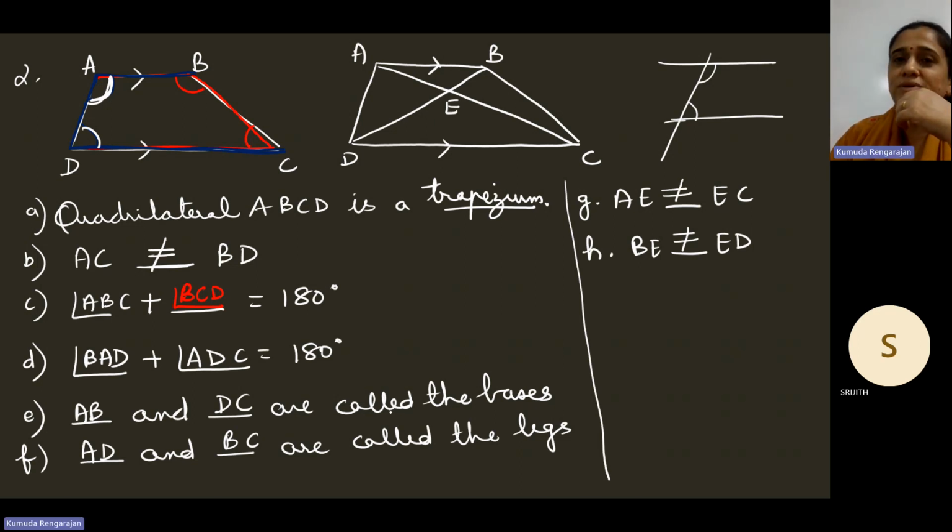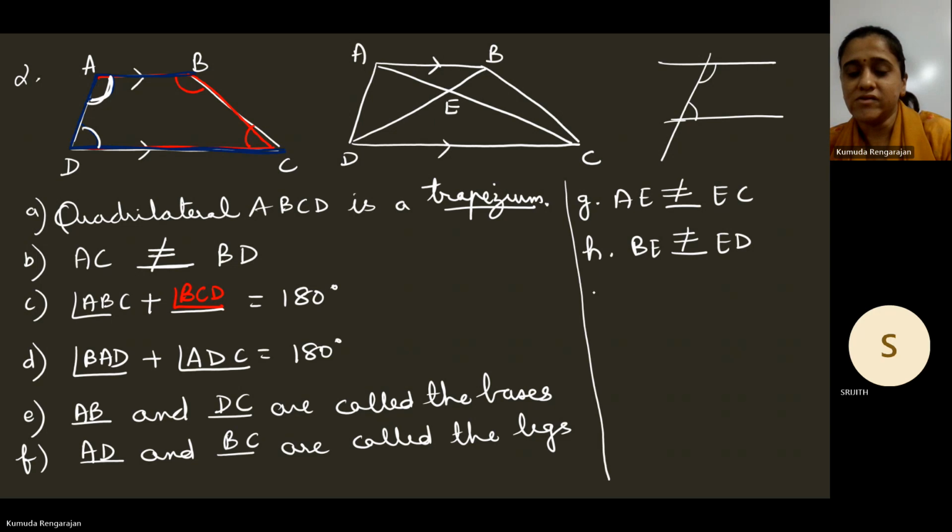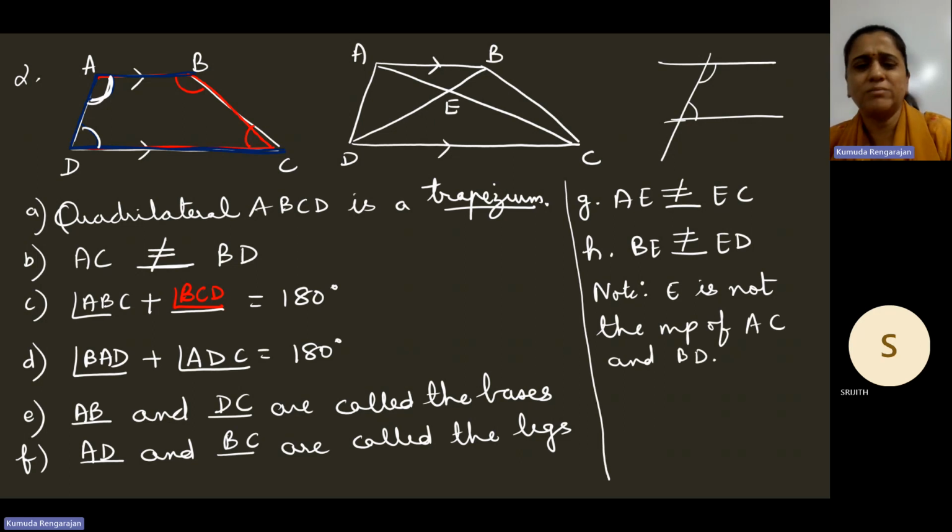The diagonals of a trapezium don't bisect each other. E is not the midpoint of AC and BD. Note, E is not the midpoint of AC and BD.